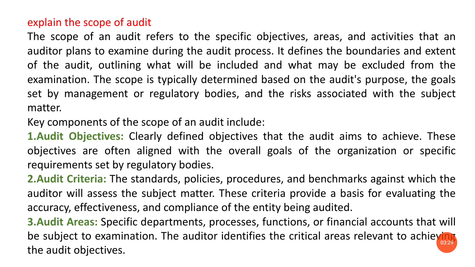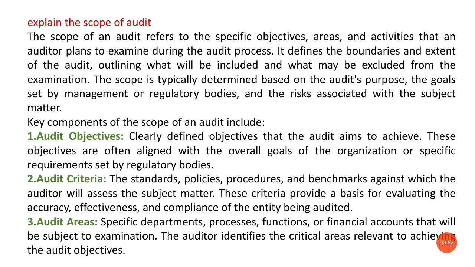Key components of the scope of an audit include: 1. Audit objective. Clearly defined objectives that the audit aims to achieve. These objectives are often aligned with the overall goal of the organization or specific requirements set by regulatory bodies. 2.